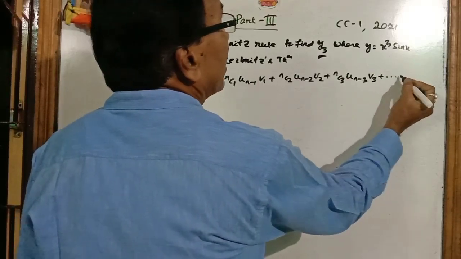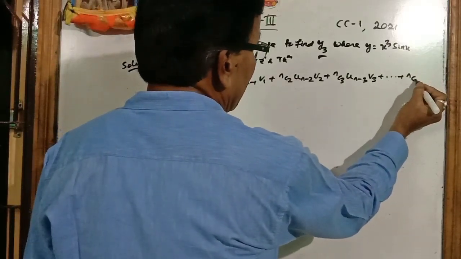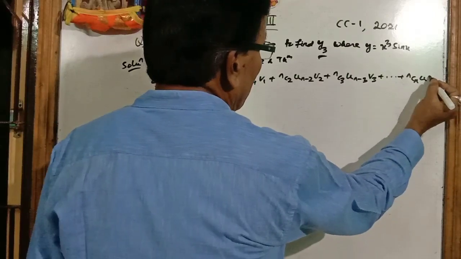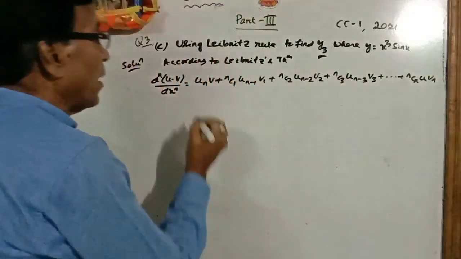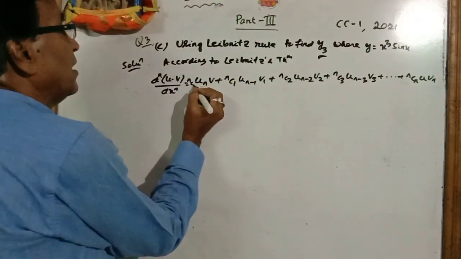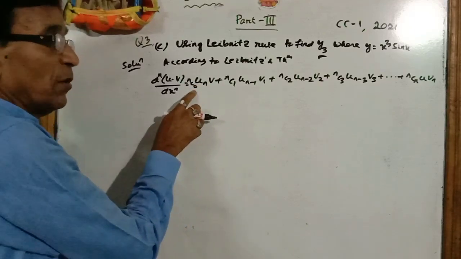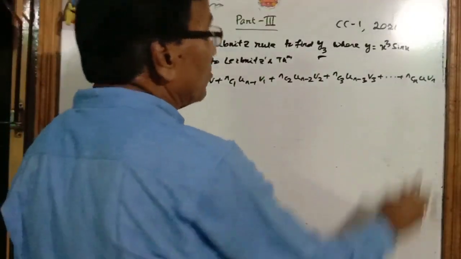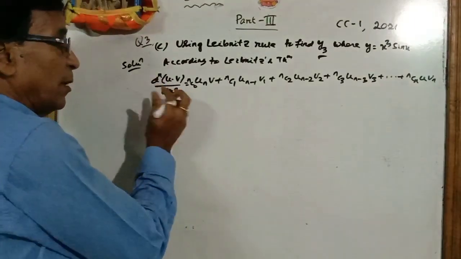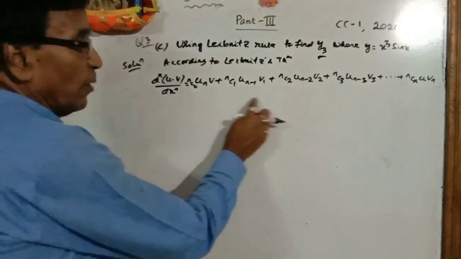In this way, the last term is nCn u vn. So the first term is similarly nC0, but nC0 value is 1 and nCn is 1.